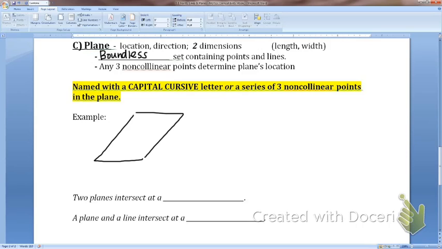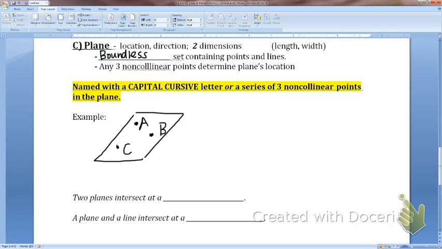I'm not going to ask you to be an artist, but I do want you to try and do your best at drawing things, okay? All right, so we have a plane, a slanted rectangle, and we need 3 non-collinear points inside the plane. So I'm going to draw a point here, label that A, B, and then C. Remember, they can't be collinear, which means I cannot draw them in a line together.